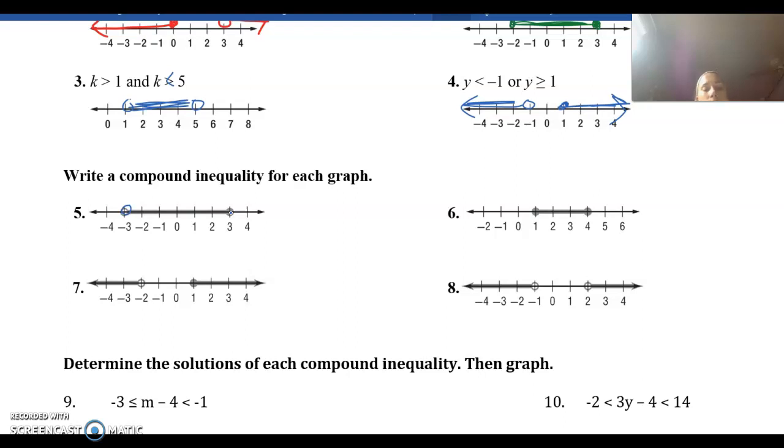And our graph is connected so that we know that we are using the "and" equation. So we have x is greater than -3, so we have an open circle there, and x is less than or equal to 3. Okay, so x falls somewhere in between those two.